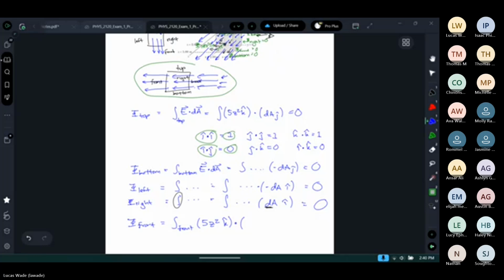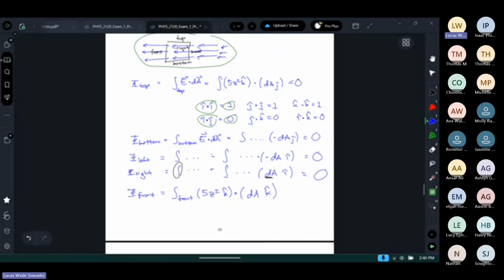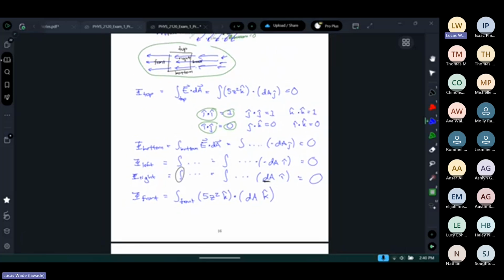And k hat dot k hat is 1. So these are gone, and I just replace them with a 1. And then I'll pull the 5 out of my integral, so I'm left with the integral of z squared dA.